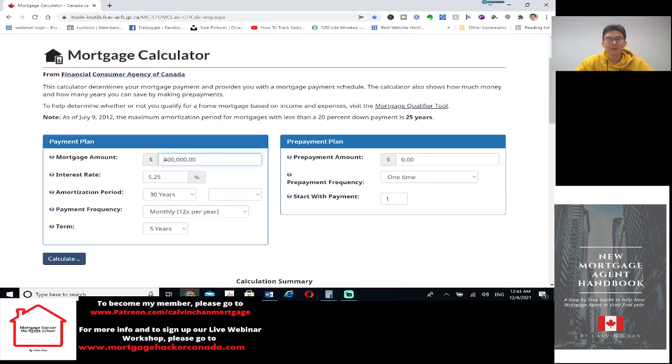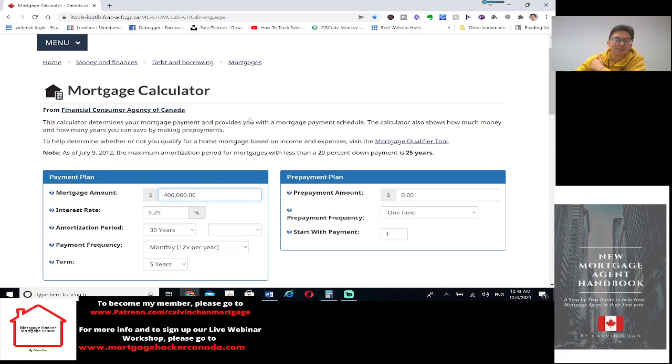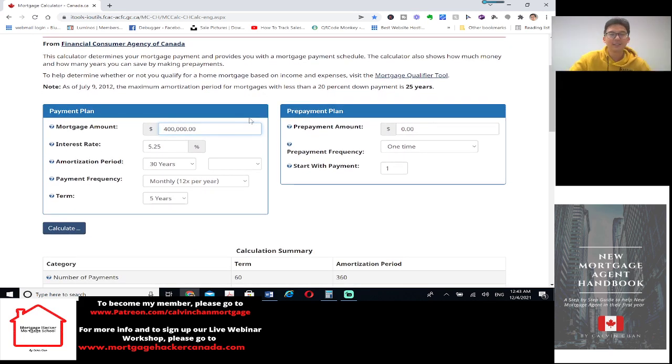So here we go, $400,000. This website is just a mortgage calculator, but it is from the Government of Canada. I like to use this because it shows the client that, hey, this is from the government. It makes it seem more official, but in fact, all mortgage calculators are the same.